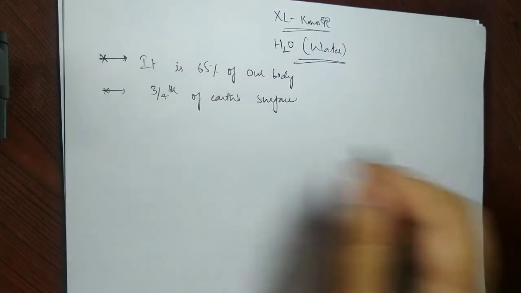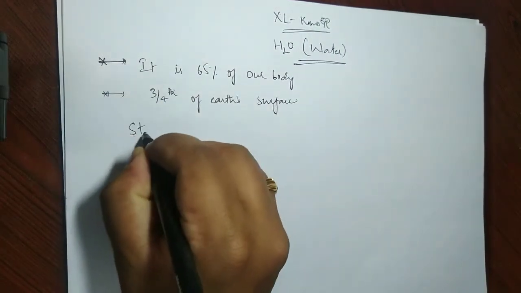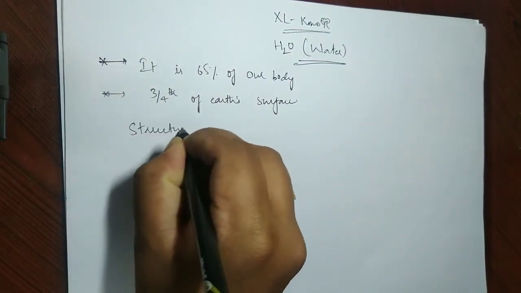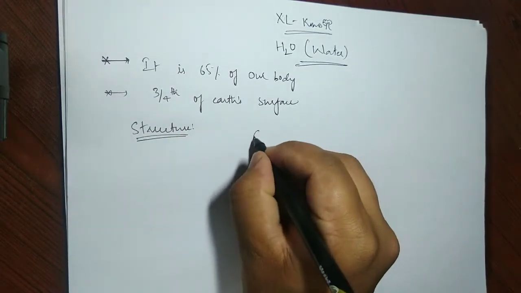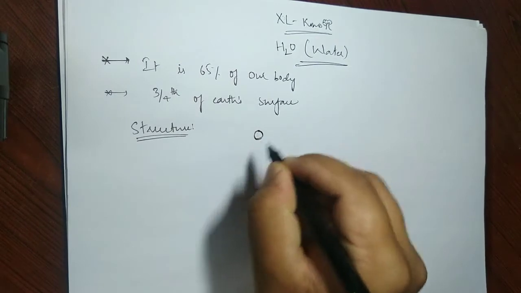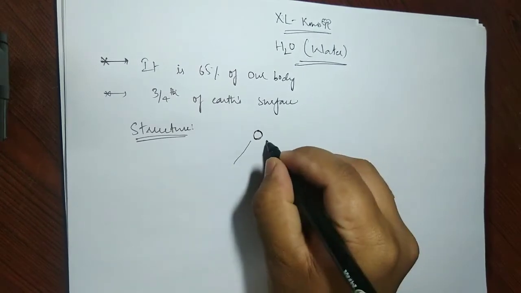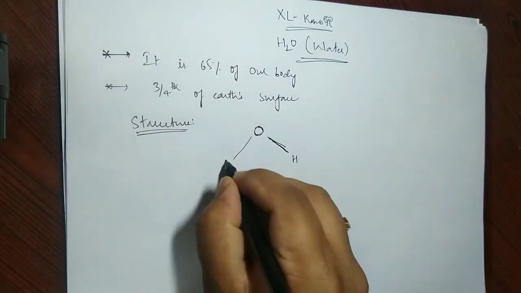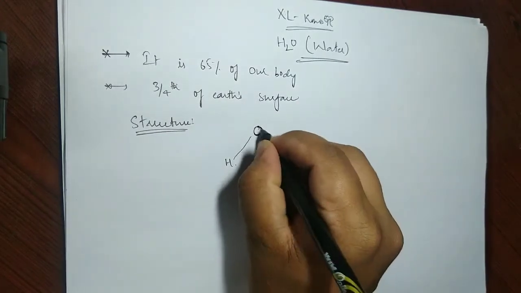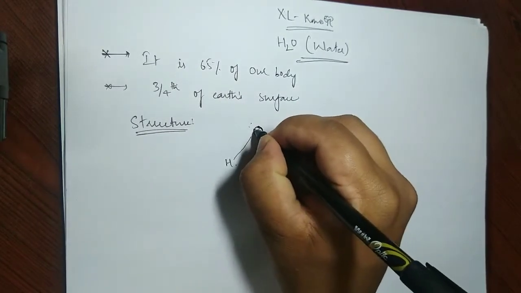And if you talk about the structure of the water molecule, it is basically oxygen, being electronegative, as the central atom attached with two hydrogens, and oxygen contains two lone pairs of electrons.